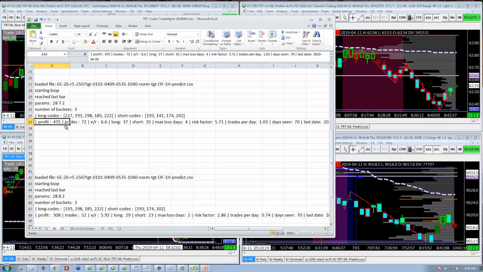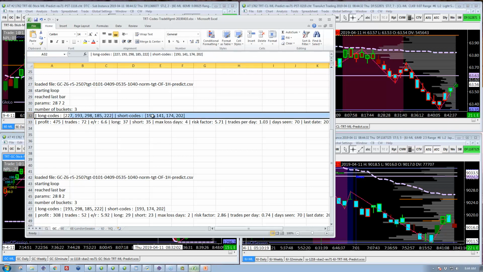We dropped from 475 to 308, and the reason is that the number of codes you're taking changes from 5 long and 4 short to 4 long and 3 short. So the 2 trades you're losing are the ones making up these 165, 170 ticks of profit across 14 weeks.